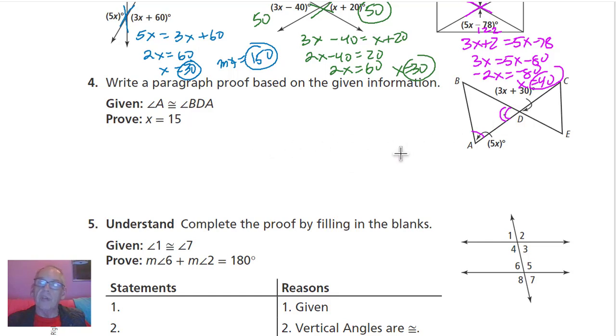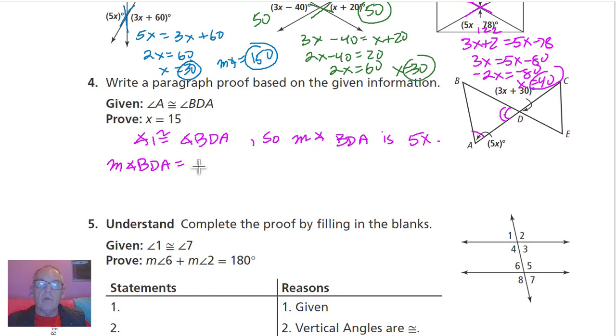So we could say that with the given information, angle A is congruent to angle BDA. So the measure of angle BDA is 5x. And then we could say the measure of angle BDA is equal to the measure of angle CDE, because they're vertical angles.